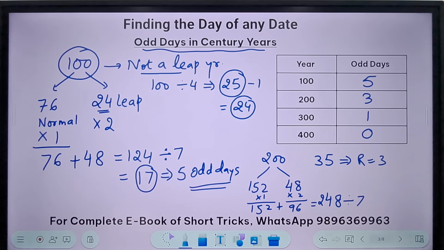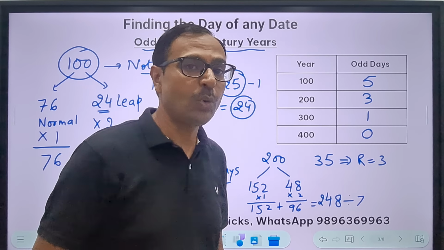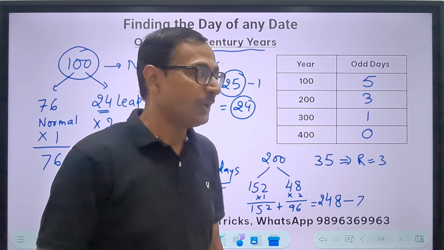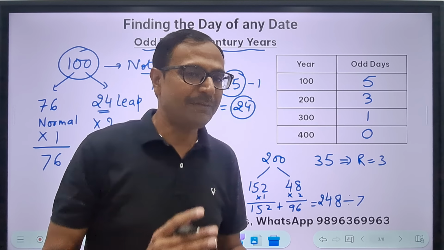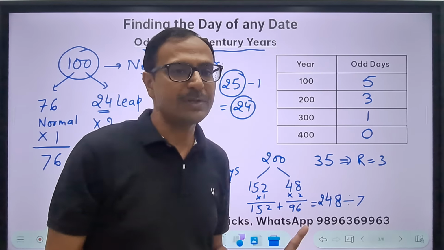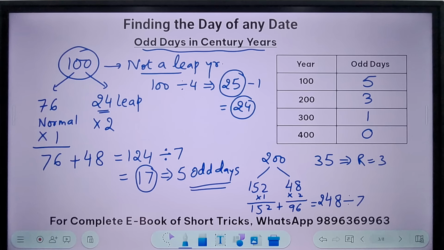That means in every 400 years you will have 0 odd days. Now again, a very important table. We will be using this everywhere when I tell you the examples based on the concept, right? So this is the concept of odd days in century years.